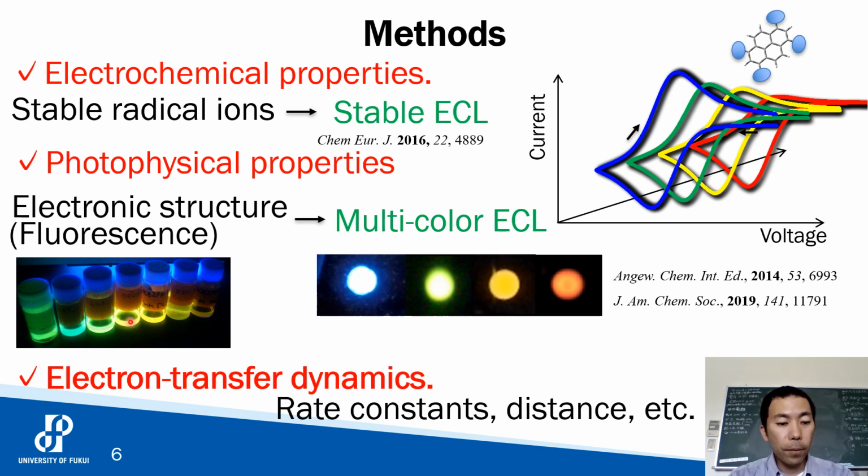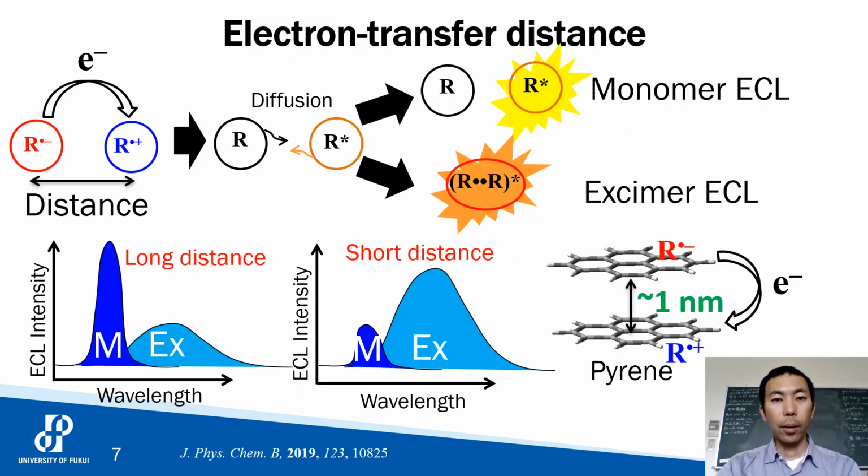This photograph is a fluorescence from a molecule, and these photographs are multicolor ECL generated by disc-shaped electrodes. We focused on the electron transfer dynamics, including the rate constant and electron transfer distance. In this slide, I would like to introduce our recent studies on electron transfer distance in ECL.